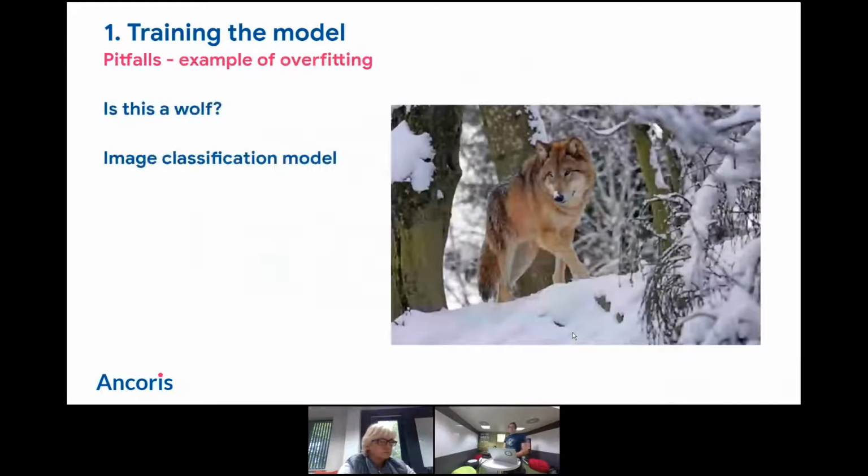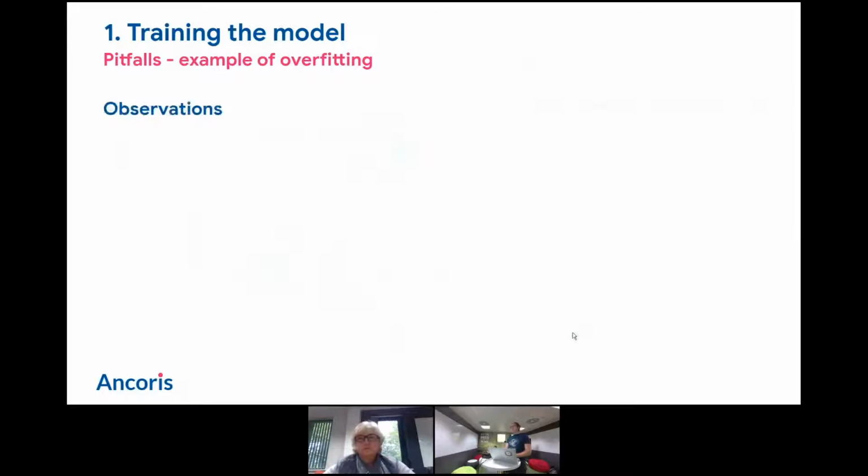And we've got a real life example, not something that we worked on. The challenge here was a company was asked to build an image classification model that would take an image and say if the image is an image of a wolf or not. So is this a wolf?